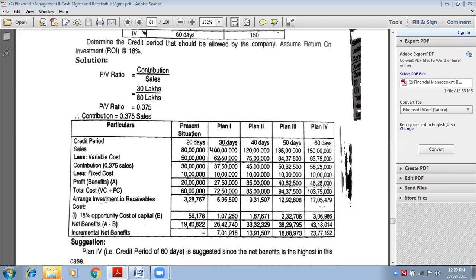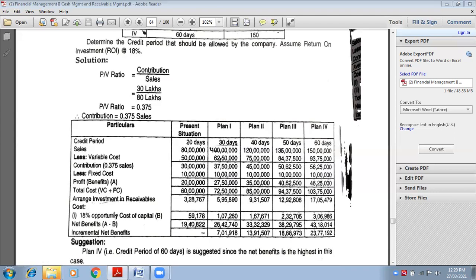Is it 17 lakhs 5,479? Yes, okay. 17 lakhs 5,479. Correct.